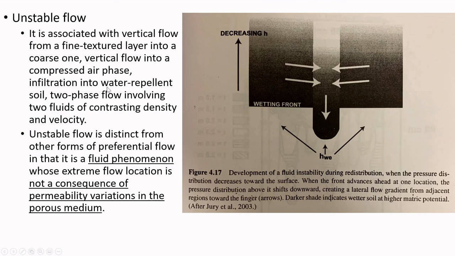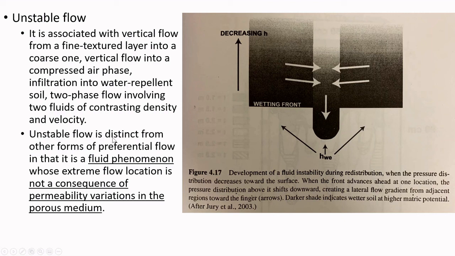Another is infiltration into water repellent soil. So you might flow from a soil that has no water repellency into a soil that has water repellency, for example organic soil. And another is two-phase flow involving two fluids of contrasting density and velocity.